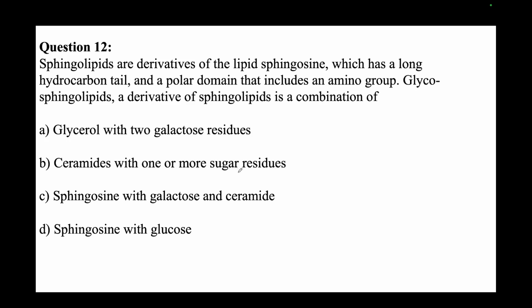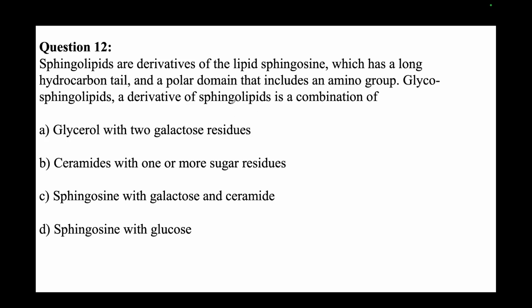Then the polar domain: one polar domain has the amino group, one polar domain has the OH group. So the OH group will become the polar head and the amino group will be connected to a fatty acid to become a ceramide, and then that ceramide can be further modified into different types of sphingolipids.